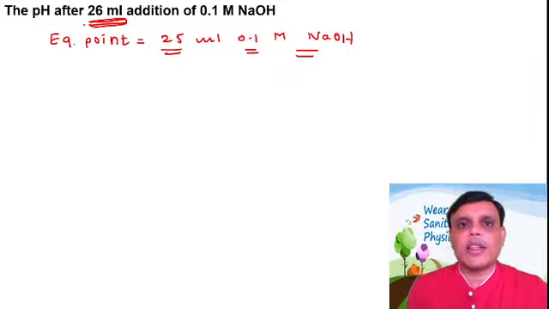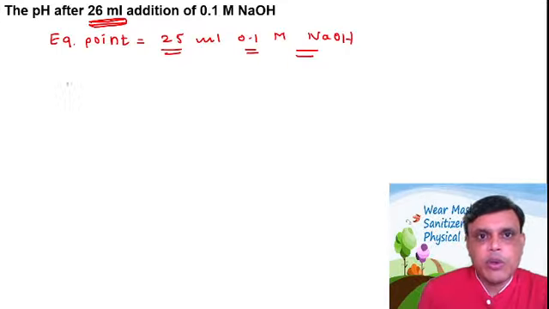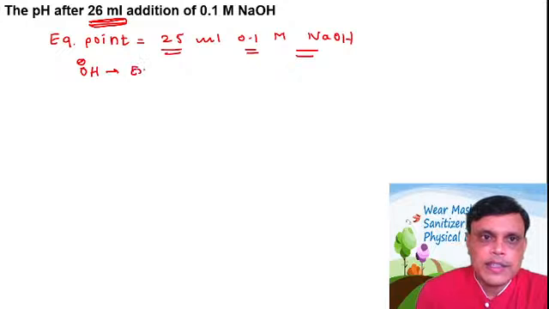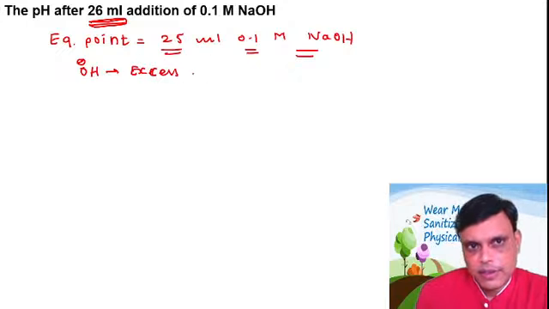So after the equivalence point, what will happen? There will be excess OH minus ions present in the solution.